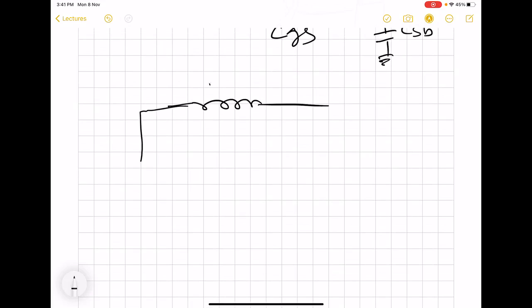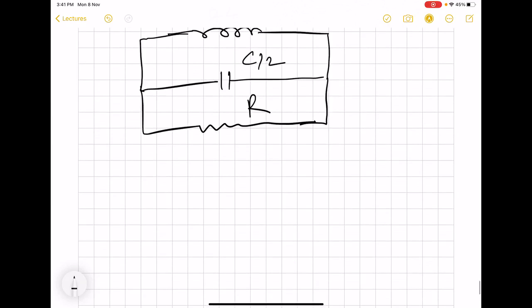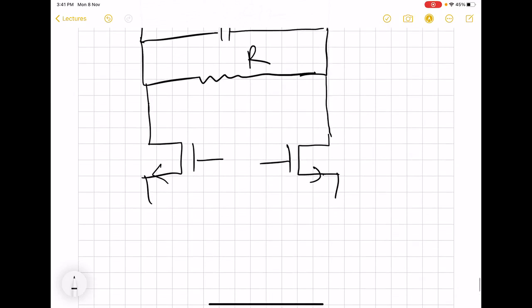So here we have 2L, and then we have C by 2 here, and then we have R here, and now we have 2 MOS. And these MOS are grounded at the source.